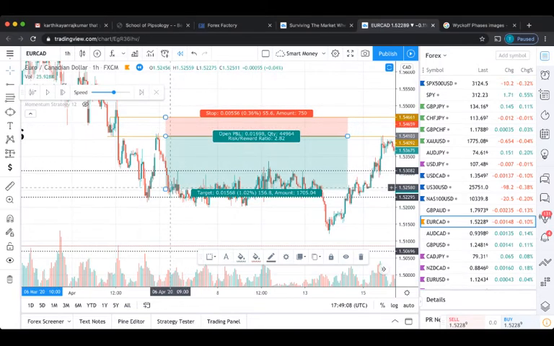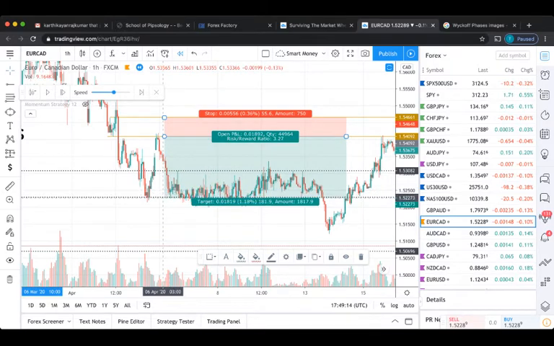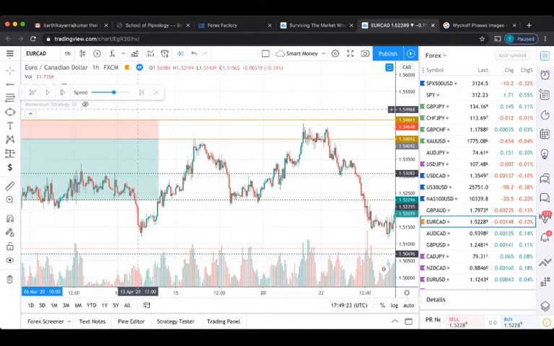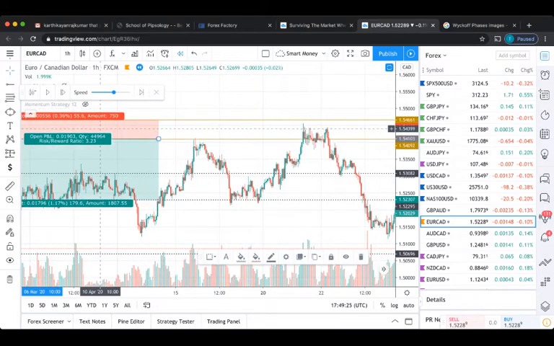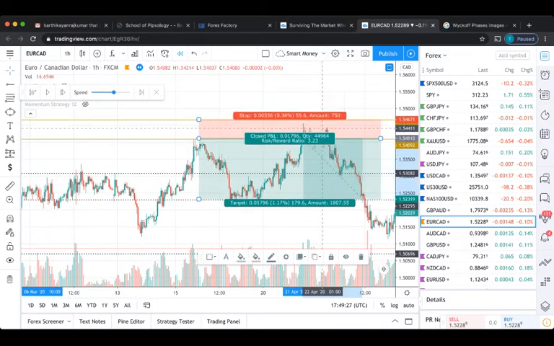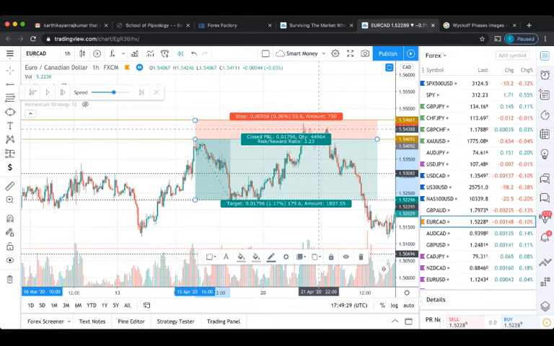That's right, so twice we hit target 2. There. So you have a 3-2-3 risk to reward ratio. You set it back up again. You hit a 3-2-3 risk to reward ratio.